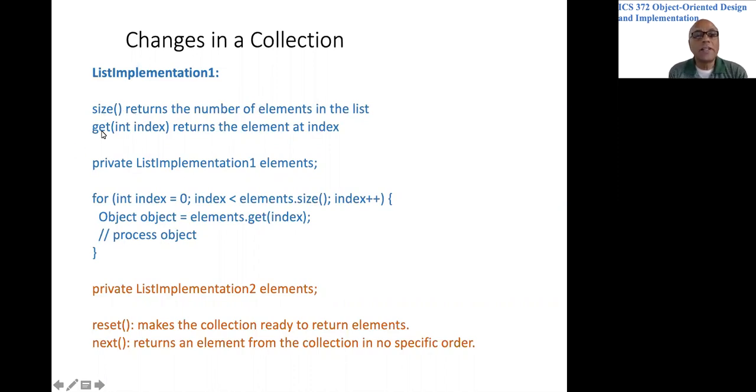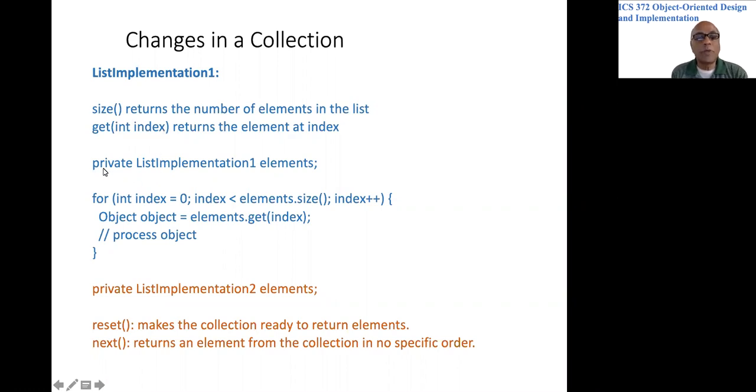And a second method is get. Given an index, it will return the element at that location. Let's assume that we have a zero-based indexing scheme, so you will put 0, 1, 2, 3, etc. to get the successive elements of the list.